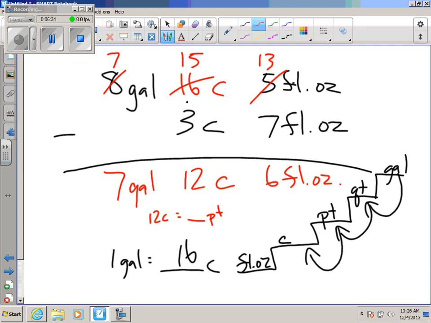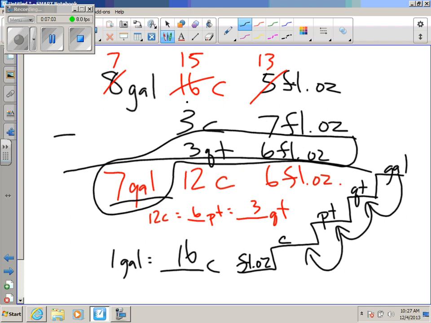So that would be 6 pints. How many pints in a quart? 2. So how many quarts is that? 3. So what the book has, 7 gallons, 3 quarts, 6 fluid ounces.